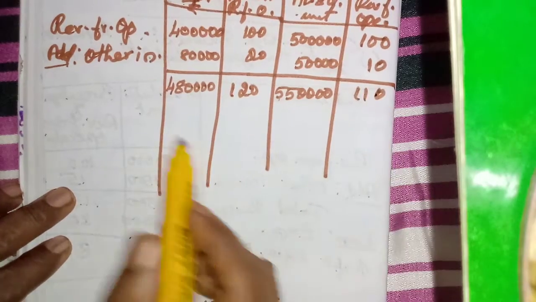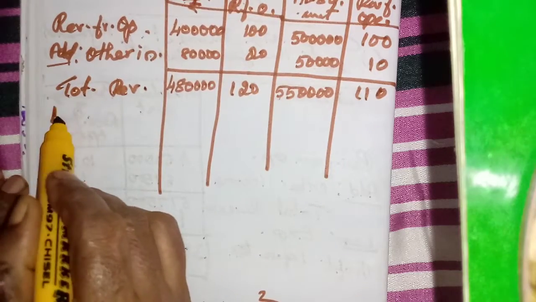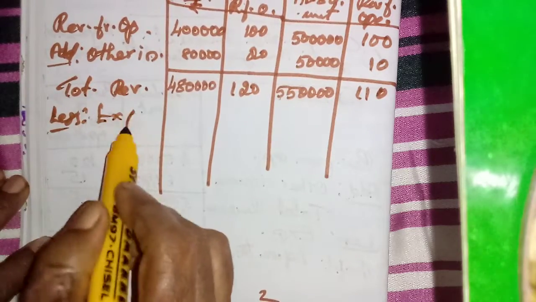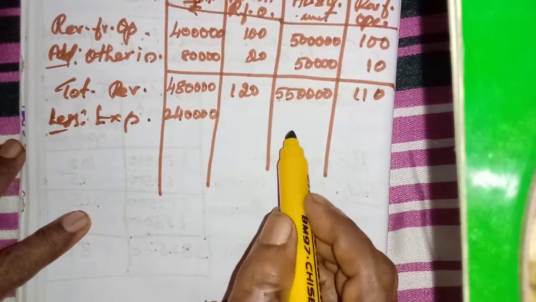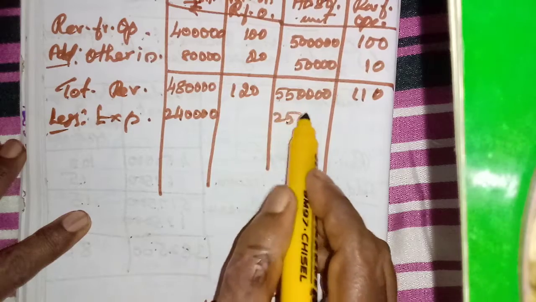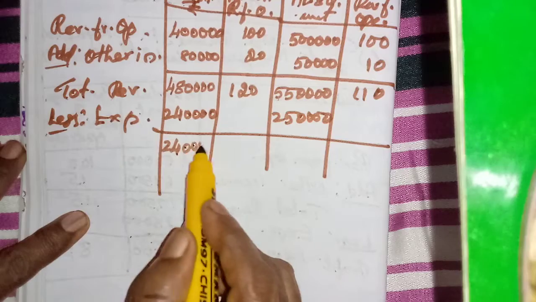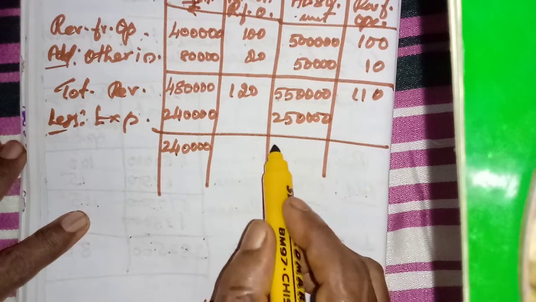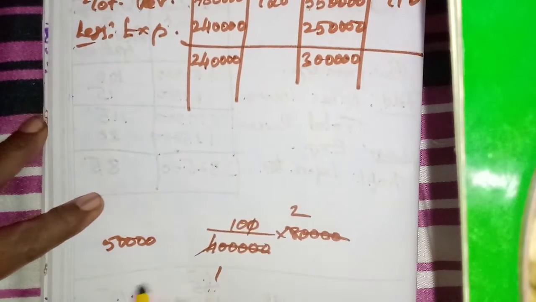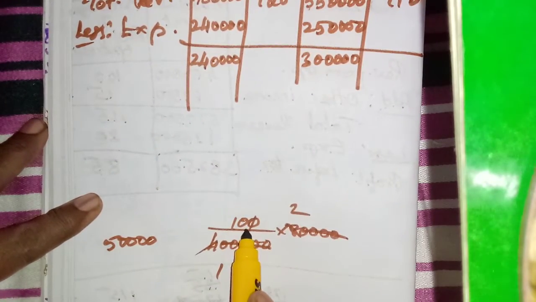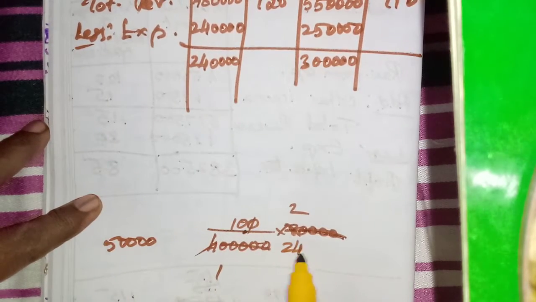So okay, we need to add. What is this one? Total revenue. Then less expense 2,40,000. Here 2,50,000. Okay, here again if we less 2,40,000. Here 3 lakh. Okay, now we will calculate. For 4 lakh 100, then for 2,40,000.